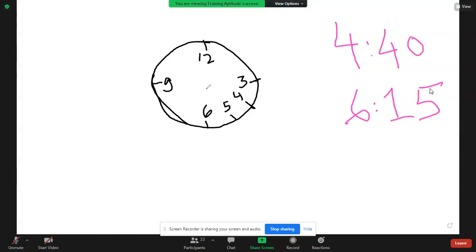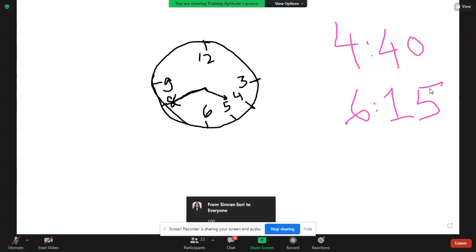4:40 means the hour hand has moved a little towards 5, and the minute hand is here at 8. Now, if I look at the angle formed here, they're asking us to tell this angle.